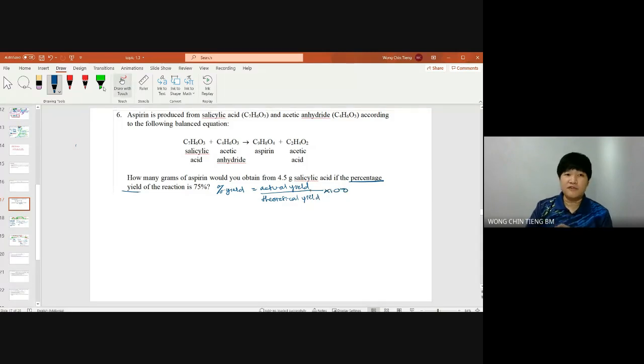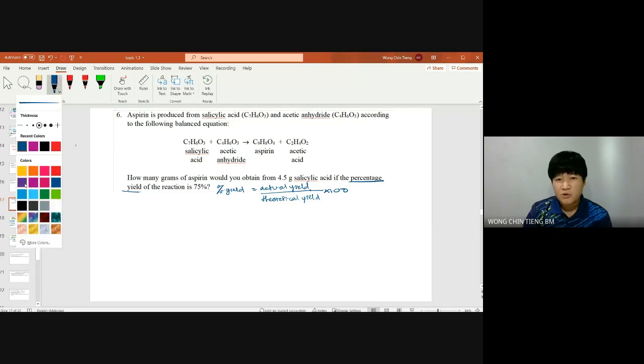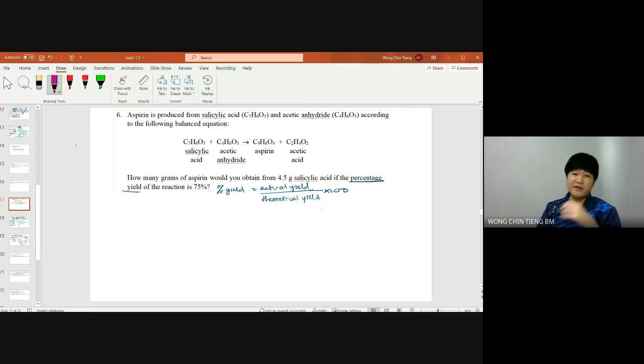Just a bit of information over here, just a bit of thing to let you know what is actually actual yield and what is actually theoretical yield. I have a very simple example. Saya masuk kelas kamu, saya ajar 100%. More than 100%. Okay, I don't know whether you feel it or not, but I have given everything that I have to you. Kalau saya boleh keluarkan otak saya, cucuk, masuk, transfer, wireless, whatsoever, saya buat dah sayang.